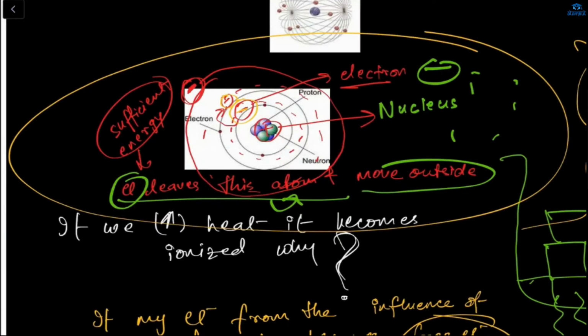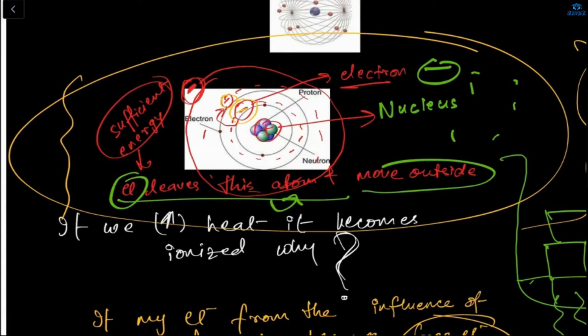Ma'am, the nucleus one, right? Yeah, this one. Why is the electron moving outside from the atom, and why is it not inside the nucleus with the protons and neutrons, right?